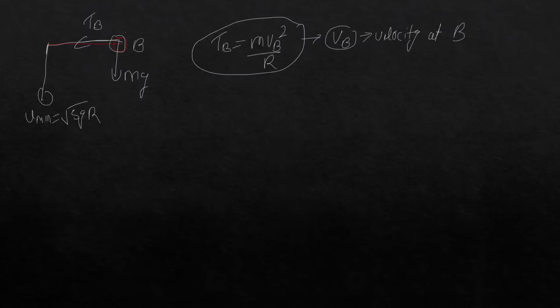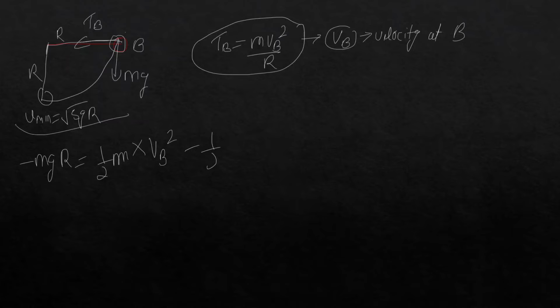So we know the velocity at A, we know the force, we know the work, we know the distance, and once you know everything, we use the work energy theorem, that is mg into r. Final kinetic energy, 1 by 2. I am not writing everything, you know the work energy theorem. So 1 by 2 m VB square minus 1 by 2 m u minimum square.